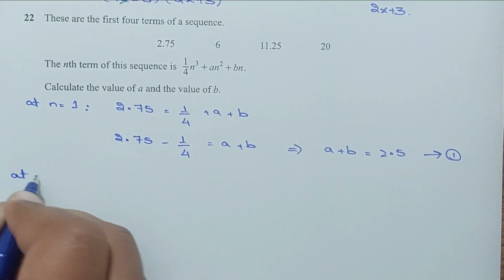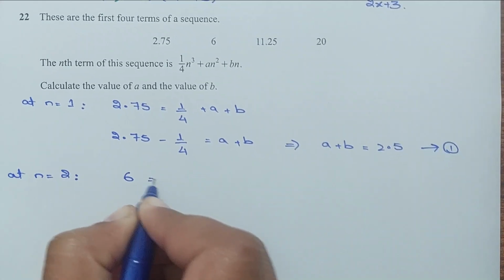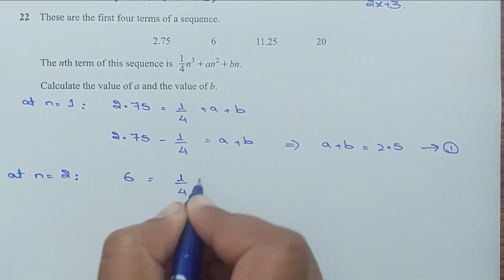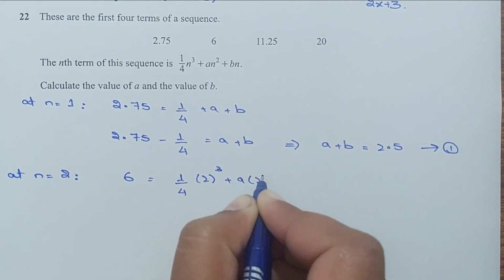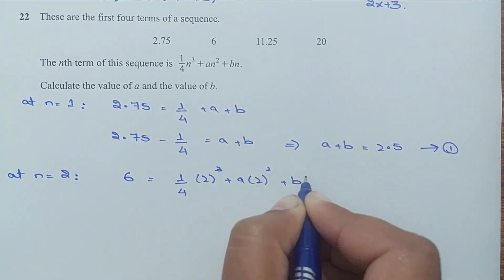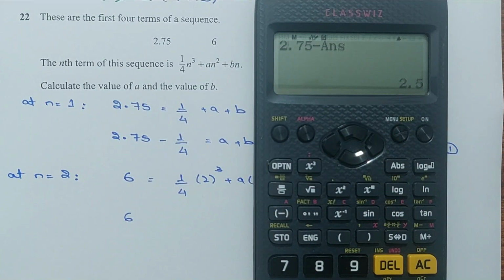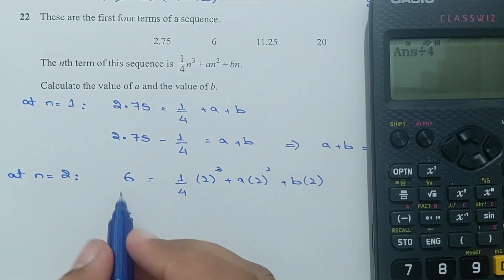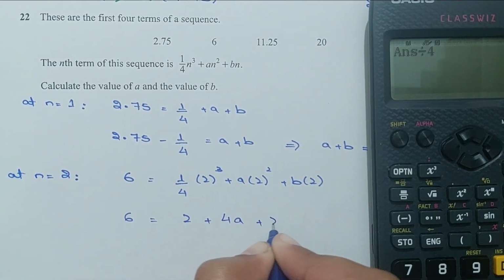Now for n equals 2, the second value is 6. This is equal to 1 by 4 times 2 cube plus a times 2 square plus b times 2. So 6, and 2 cube is 8 divided by 4 is 2, plus 4a plus 2b.